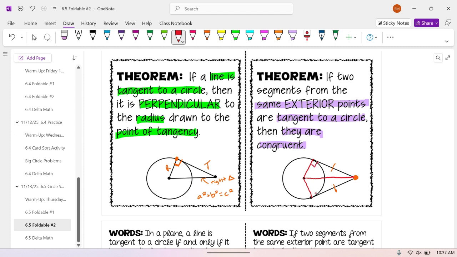It forms a right angle. So both of these triangles are what? Right triangles. Now, remember, the radii are congruent. And then what would happen with this segment right here?